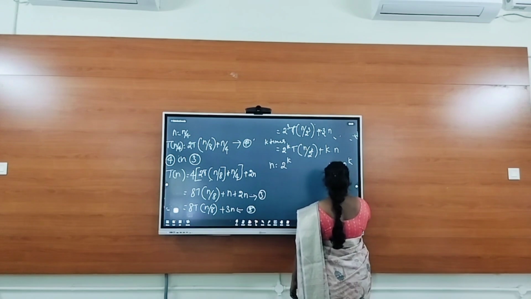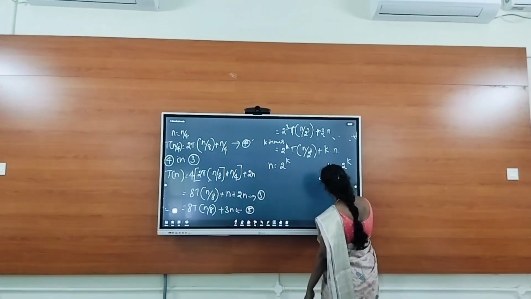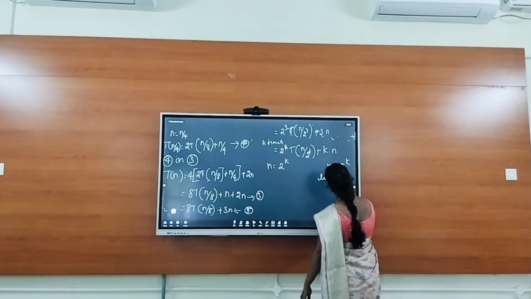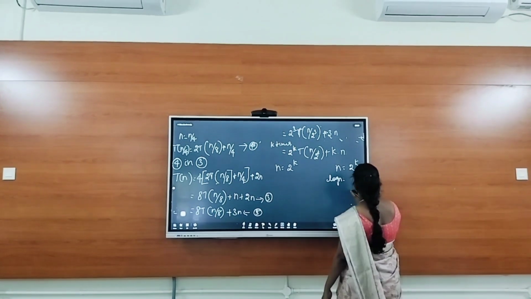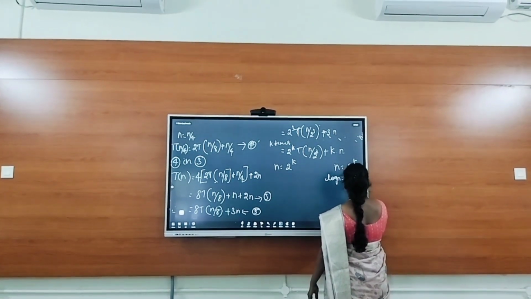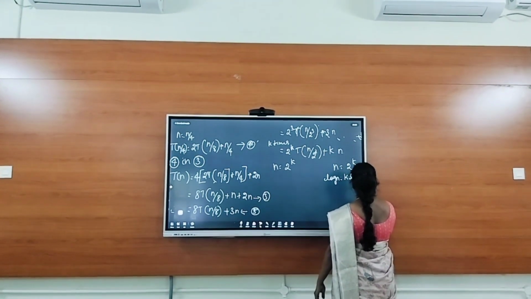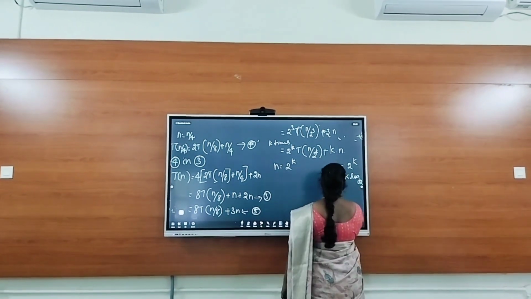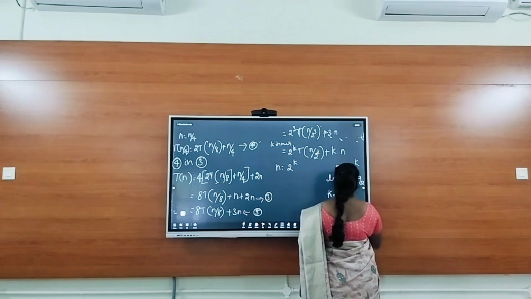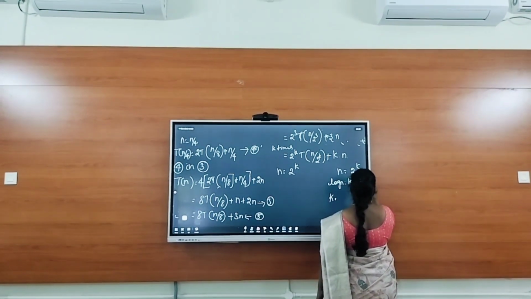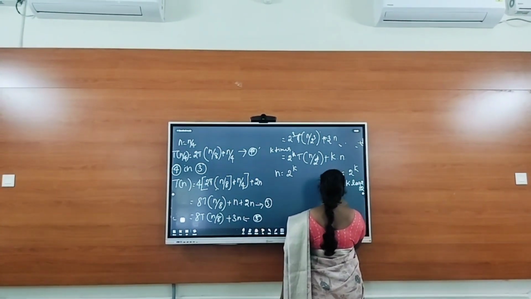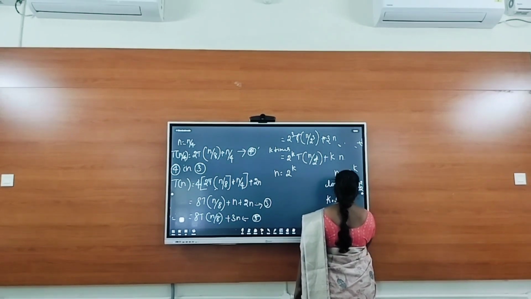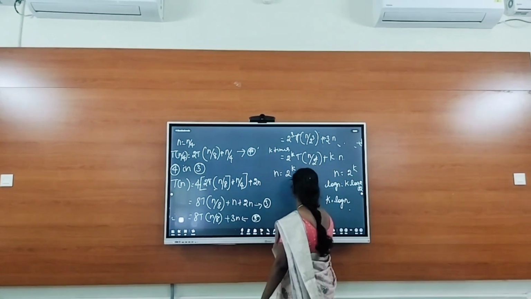n is equal to 2 power k. We apply log on both sides: log n is equal to k log 2. Now what is the k value? Log 2 with base 2 is 1. So the k value is equal to log n.